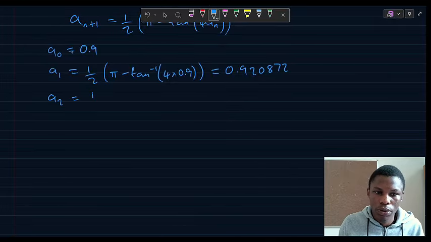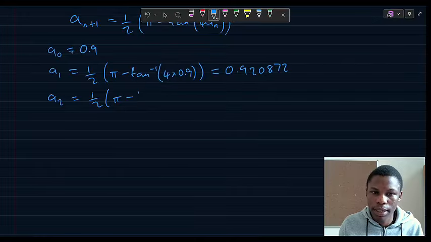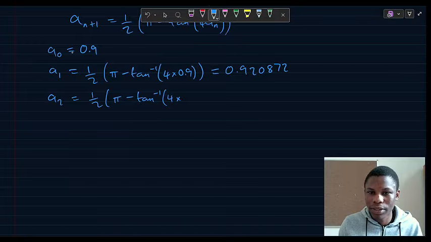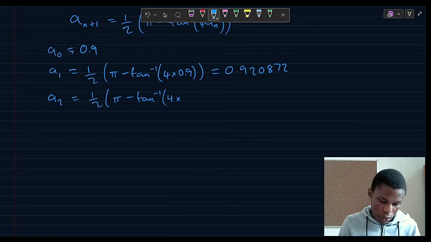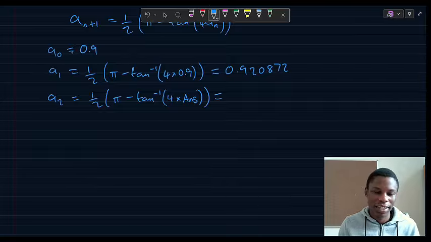Now we want a2, that's half times pi minus arctan of 4 times the previous iteration a1. Here you can just use the ANS button on your calculator. Go to where you have your 0.9 or whatever your initial value was and replace it with ANS, the answer button. That's typically next to the equal sign on most calculators. Don't change anything else, simply press equals.